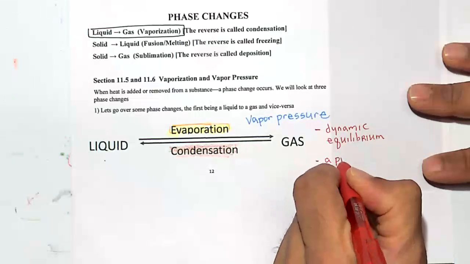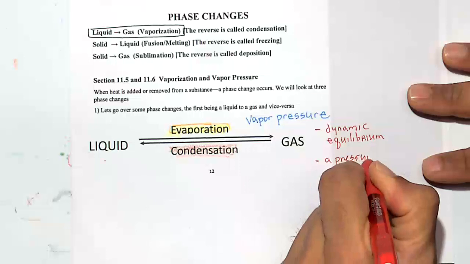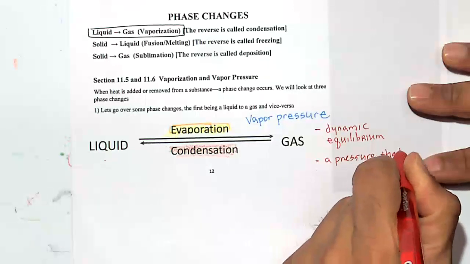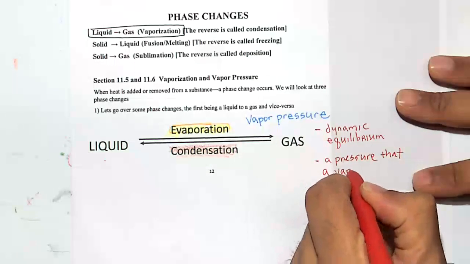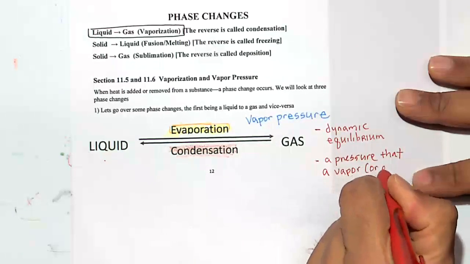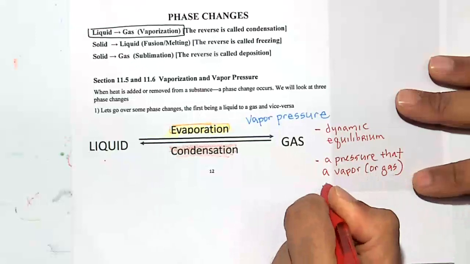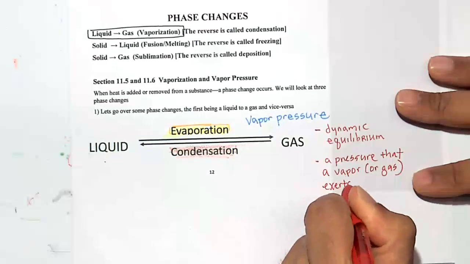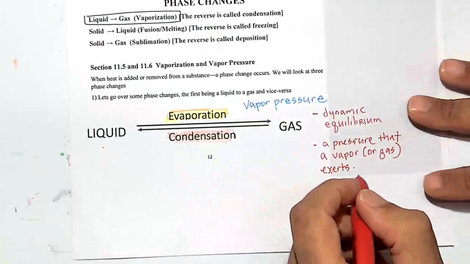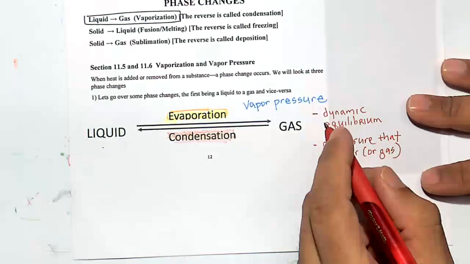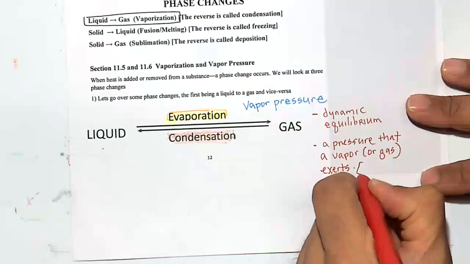Secondly, it's a pressure that a vapor or a gas exerts, which means it's going to have units of pressure. What are those units of pressure?